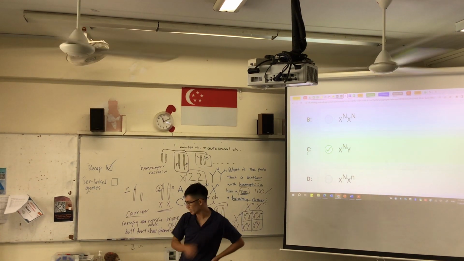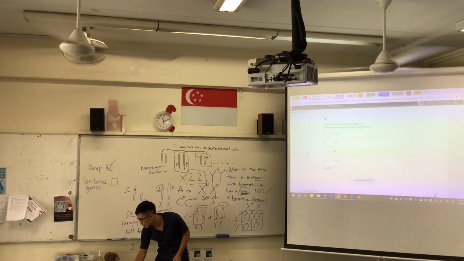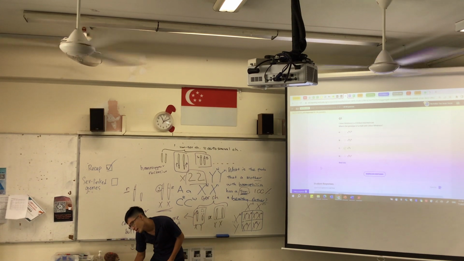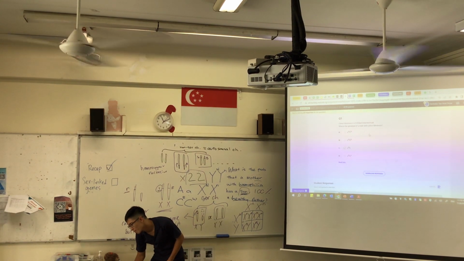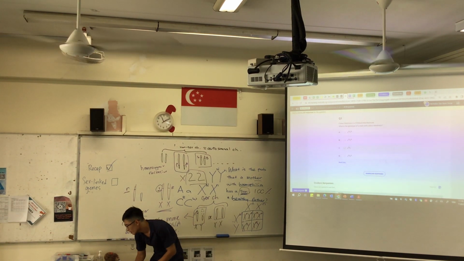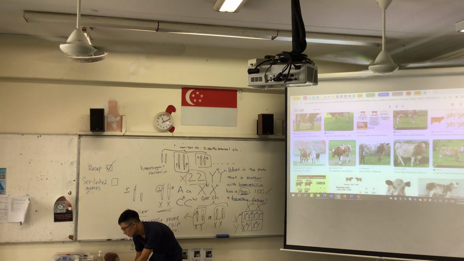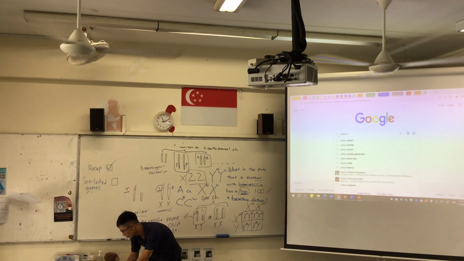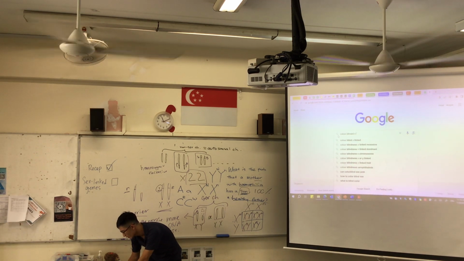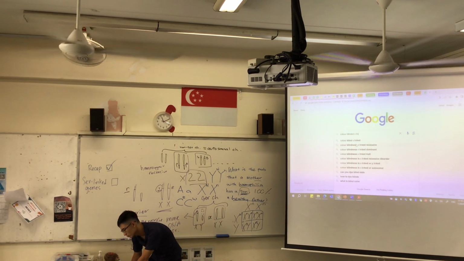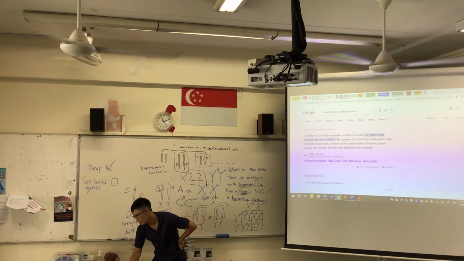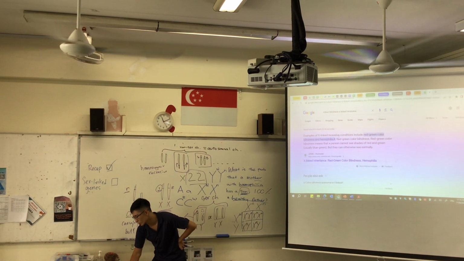Okay, let's do quite nice. Color blindness recessive or dominant? Let me search. Color blinded X-linked. Examples of X-linked recessive condition.